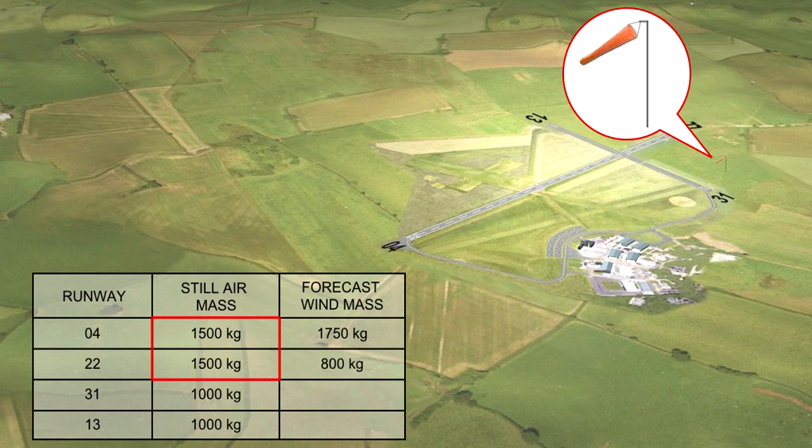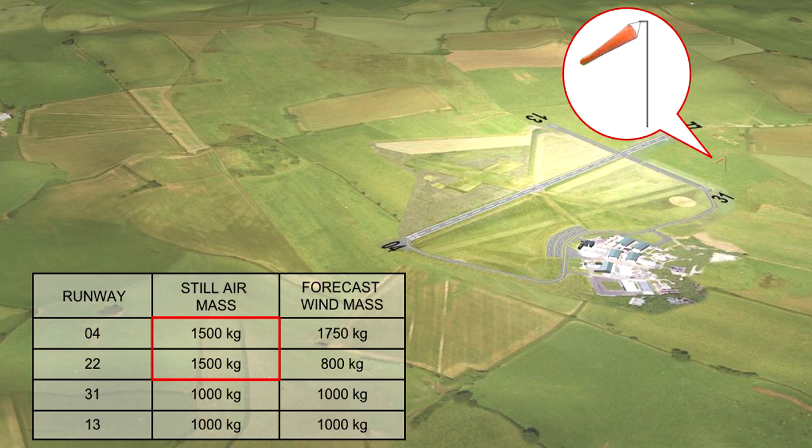However, runway 22 has a tailwind, which will decrease the maximum landing mass to 800 kilograms. Runway 31 and runway 13 both have a full crosswind.